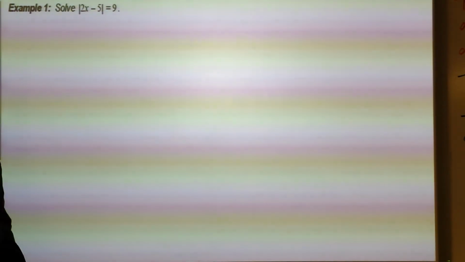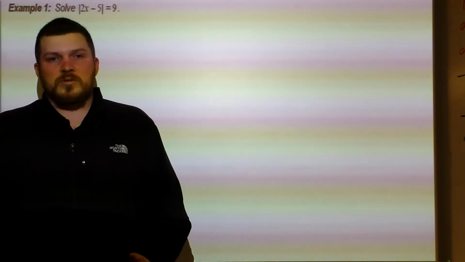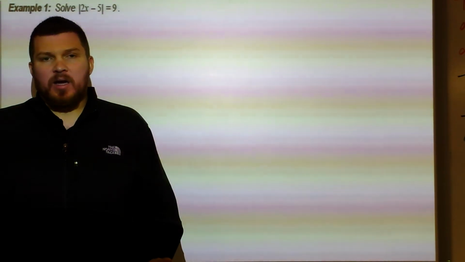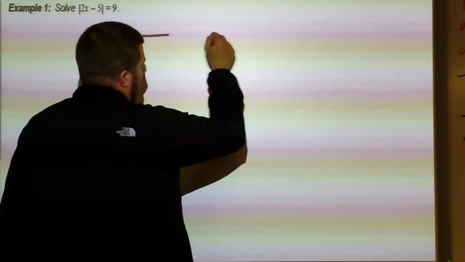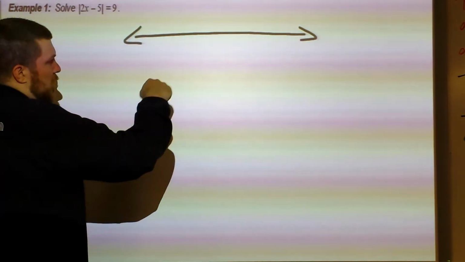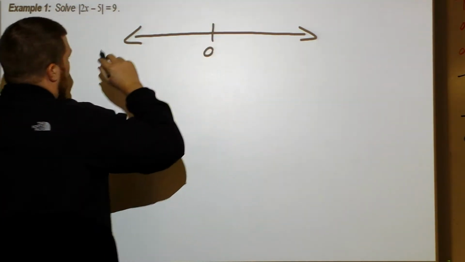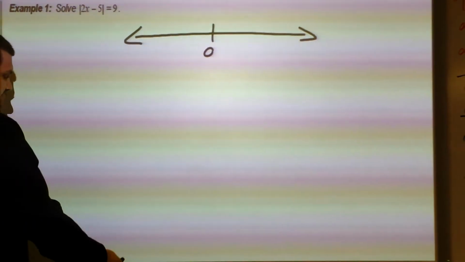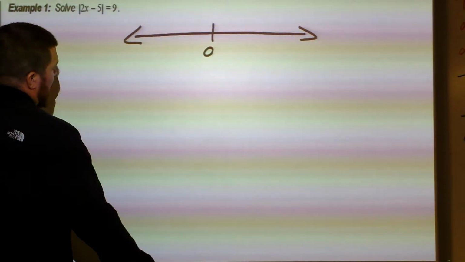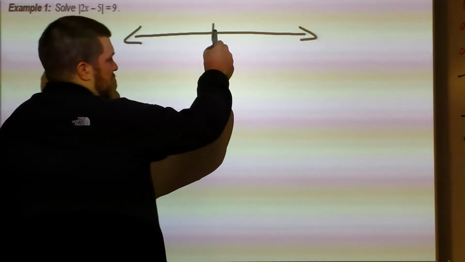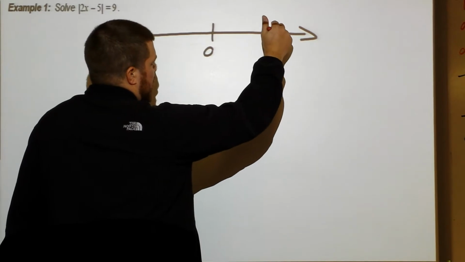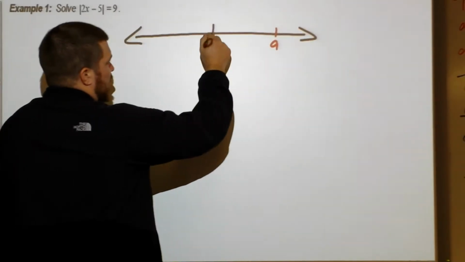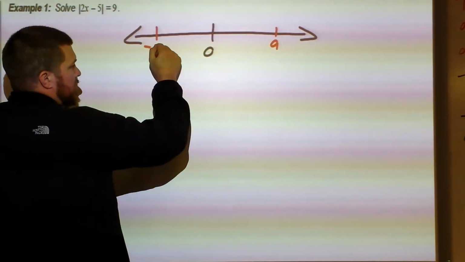I want to solve that the absolute value of 2x minus 5 is equal to 9. Okay, so let's start drawing a sketch of what's happening here. Again, I'm on a number line. Here's 0. And I'm told right here that the distance is 9 units. Well, that means I can go either to the right 9 units or I could go to the left 9 units.